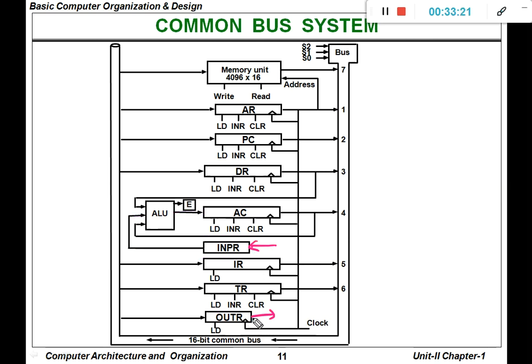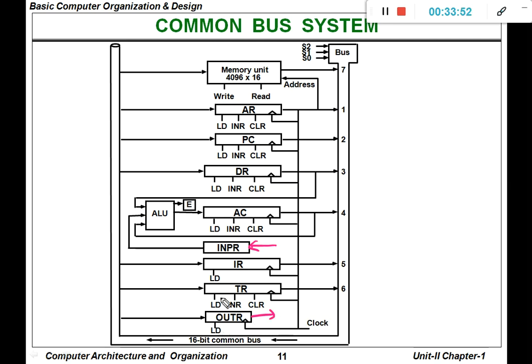It means that INPR is going to represent the input from the keyboard. Though no input is actually needed for the keyboard, we have to give the input. Similarly, the output is sent to the monitor, so no output is actually generated beyond the monitor. That is why there is no output signal from the OUTR.